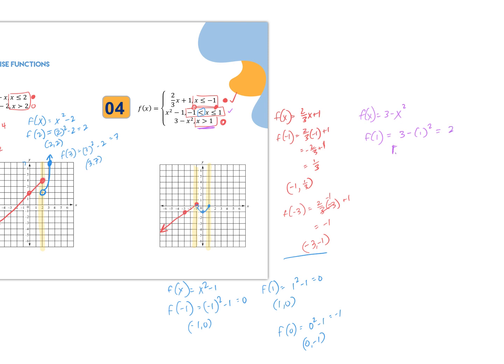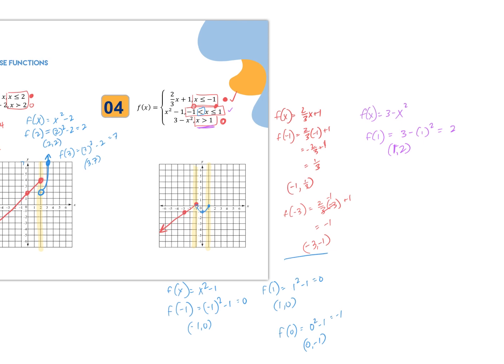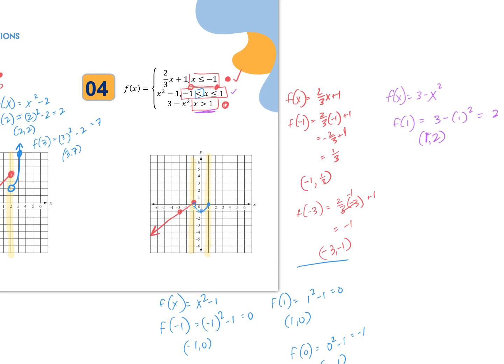So again, when x is 1, y is 2. And then, since it's greater than that, I'll do like 3. f of 3 equals 3 minus 3 squared. And that's going to be 3 minus 9, so minus 6.